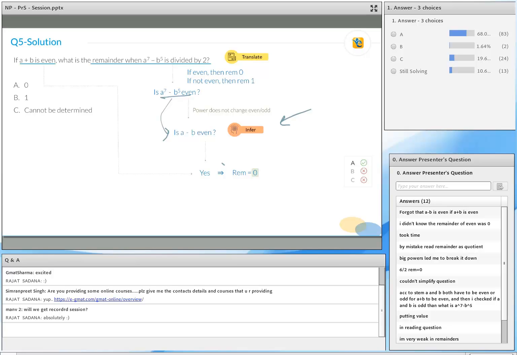When I asked you upfront how many of you are at least 80% confident with your conceptual knowledge, 85% of the class said yes. But now you're seeing that yes, you know what even odd numbers are, but you're not that confident that you can draw inferences from that information, which means that you need to work on building your process skills.